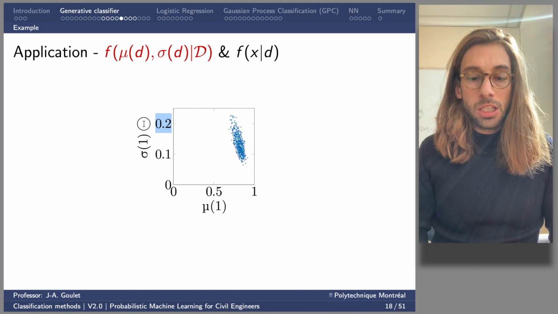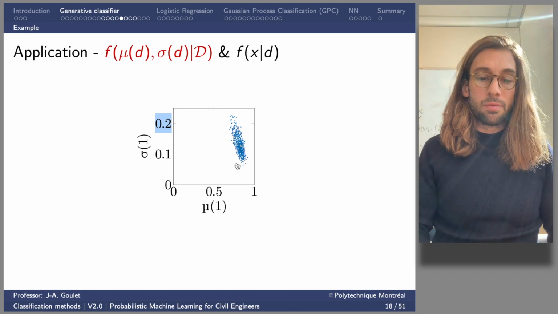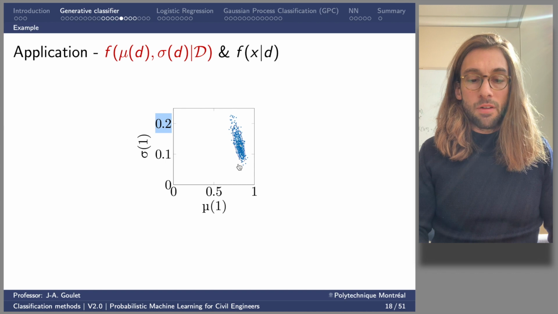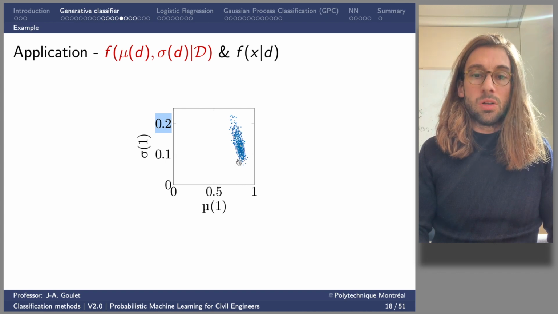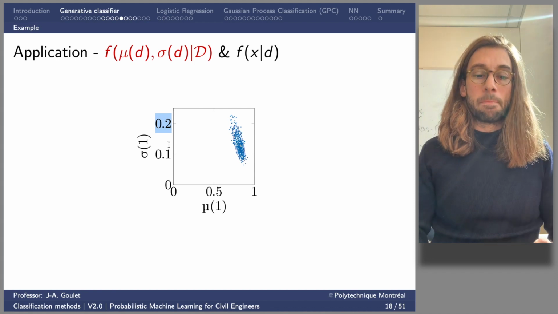Okay, so all the dots you see are my MCMC samples. I have drawn it along with an empirical contour plot so that you can see the shape of the joint PDF. Okay, this represents the joint PDF for the expected value and standard deviation for the damage index d equal 1.